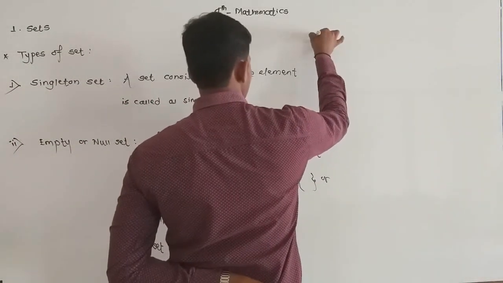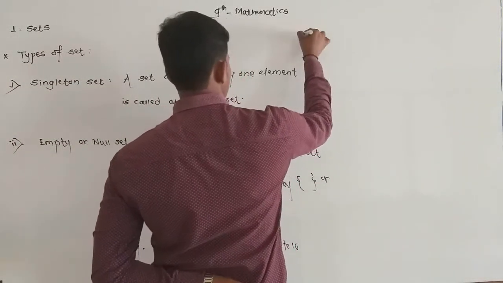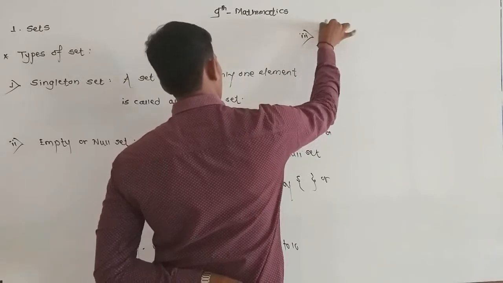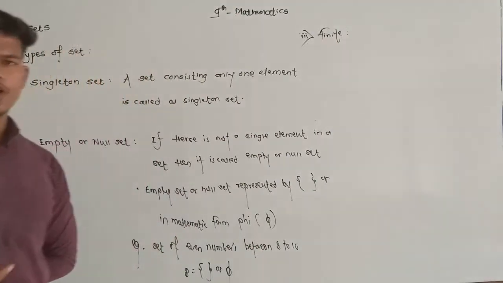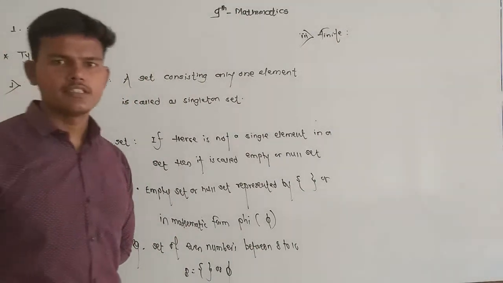Now the third set is finite set. Finite means what? Countable, limited, is nothing but finite.